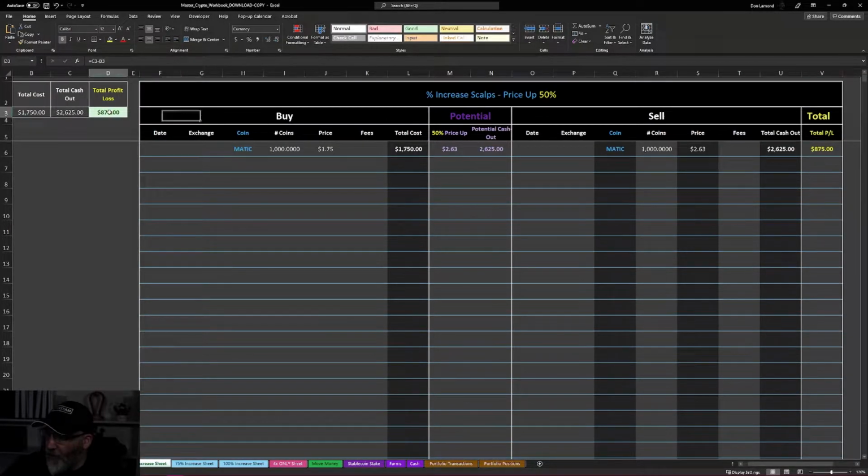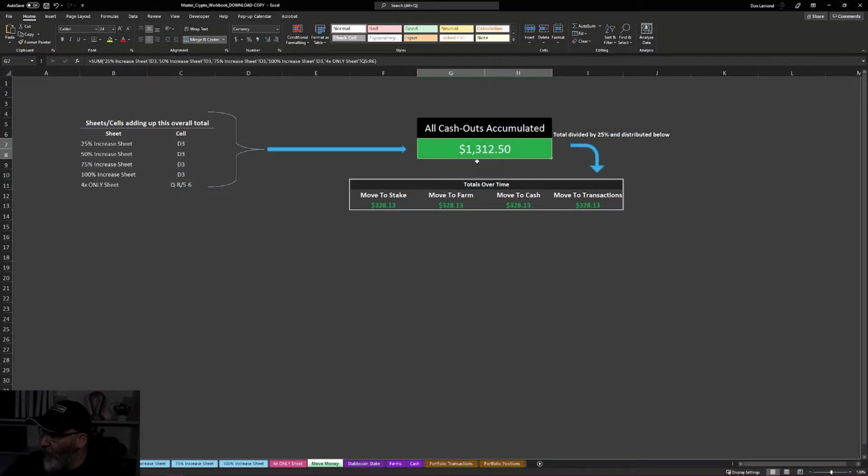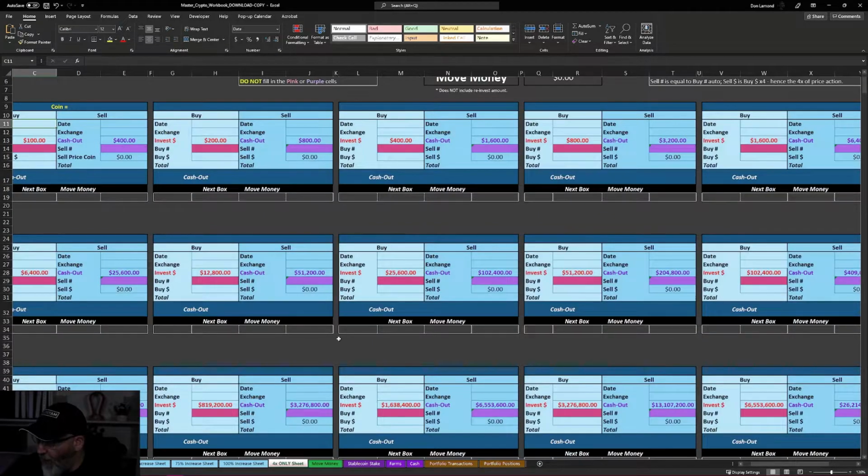But if you were to take this number, 875 plus 437, that's going to equal $1,312 because this box is summing, if you look at the formula up here, the totals from each sheet down here, including just 1, 2, 3, 4. So you can see right here, I give a little thing from the 25%, the 50%, the 75%, and the 100%, and then the Forex only sheet, which is next right here.